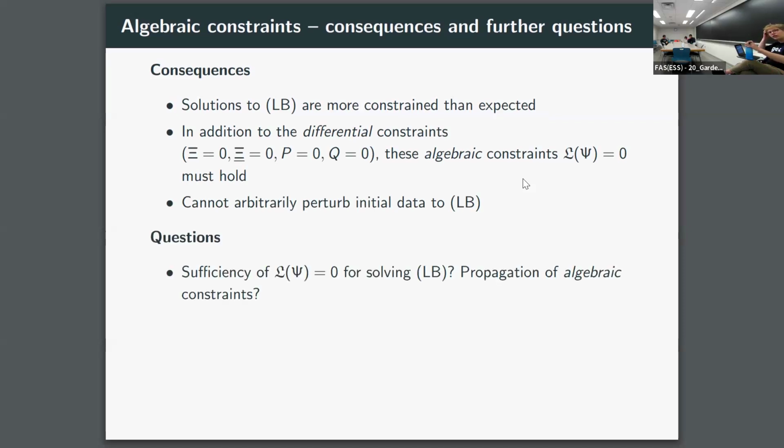And some further questions are, one, is this algebraic constraint being satisfied sufficient for solving the linearized Bianchi equations? This theorem says that it's a necessary condition, but is it sufficient? And do these algebraic constraints propagate under the evolution equations?